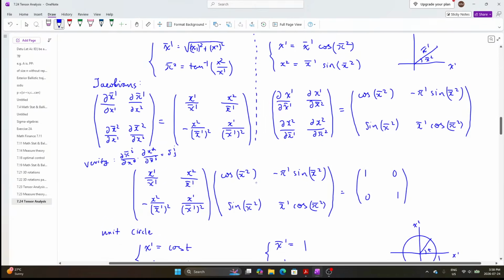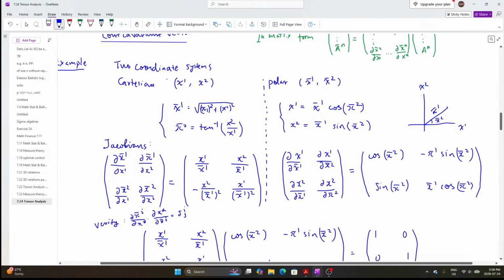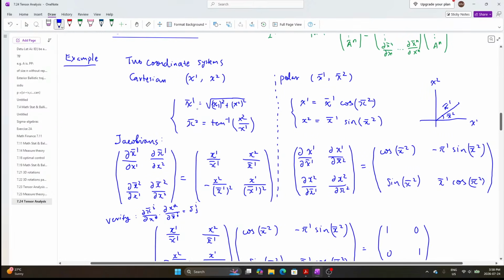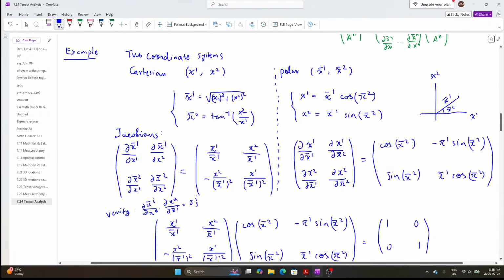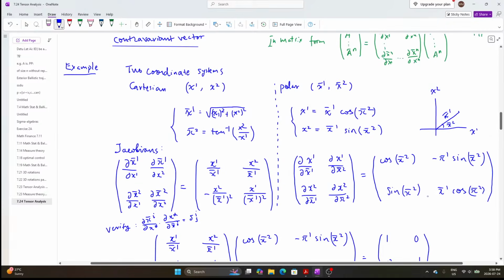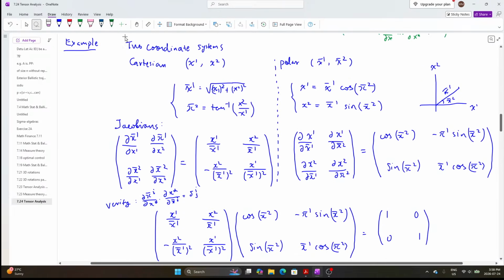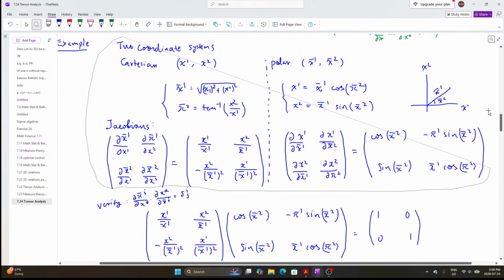I don't want to do this verification again. So there you go, two coordinate systems, same business. But now we're not playing with a curve anymore, we're playing with a scalar field. Verification can be omitted. I just want the pair of coordinate systems and the forward and backward Jacobian.